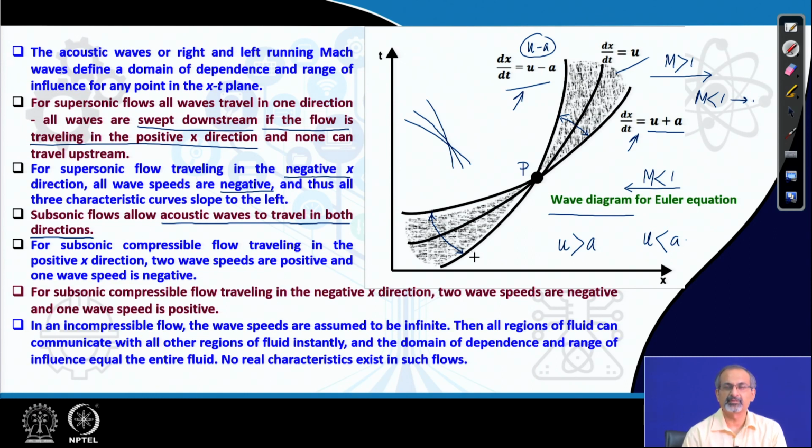That means, as far as acoustic waves are concerned, one moves towards the right, one moves towards the left. The same thing happens if the flow is approaching from the right towards the left, that means towards the negative x direction. Again over there, one of the acoustic waves will travel towards the right, while the other will travel towards the left.